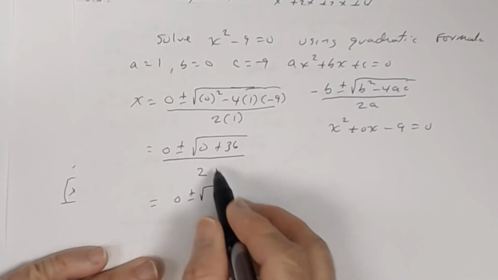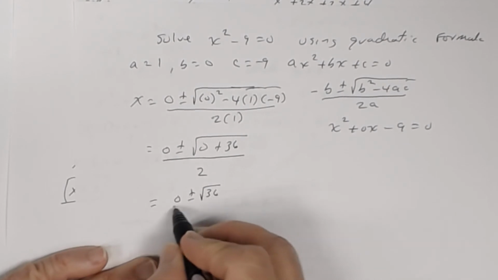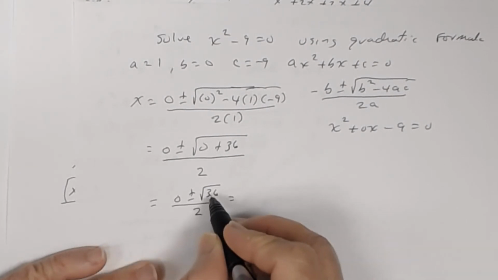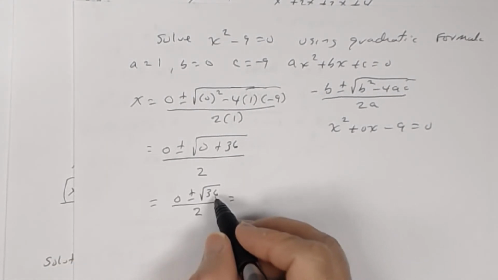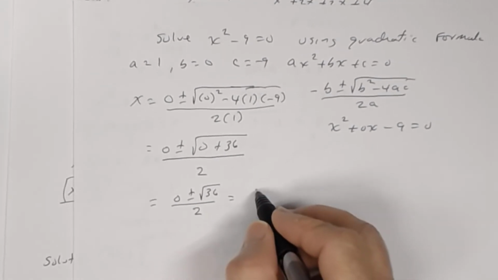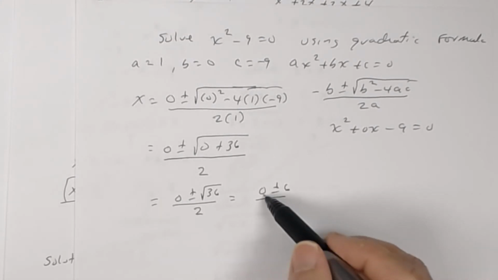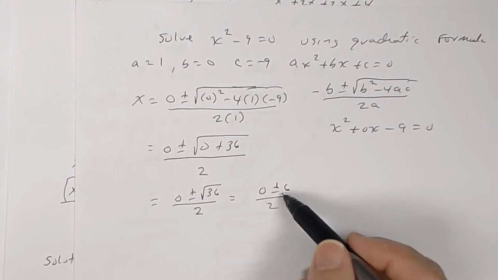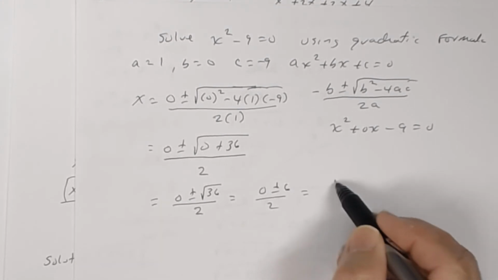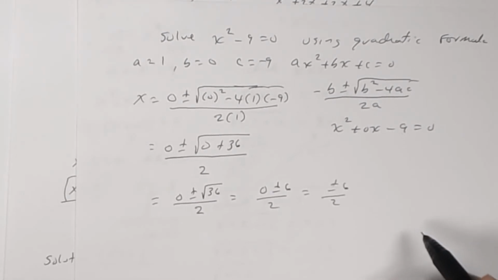So this becomes 0, plus or minus the square root of 0 plus 36, which is 36, all divided by 2. And remember, this 36 is a perfect square, so the square root of 36 is 6. So this becomes 0 plus or minus 6 divided by 2. And I want you to remember something, that 0 plus or minus 6 is the same thing as just plus or minus 6 divided by 2.